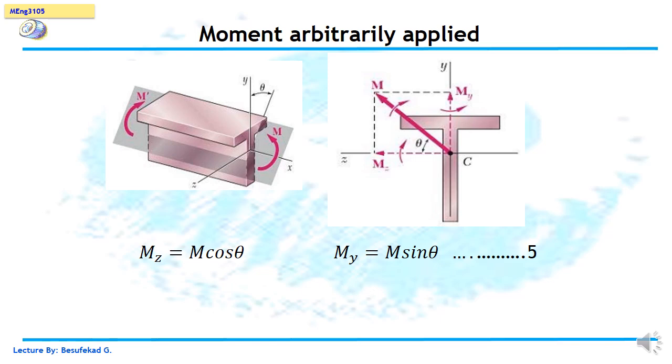The flexure equation. Don't forget, this is the general one: sigma equals My over I. M is the bending moment or couple acting, y is the distance of the point that you consider from the neutral axis, and I is the moment of inertia, the second moment of area. This is what we have.